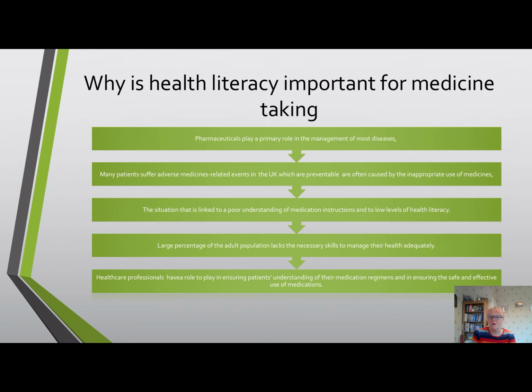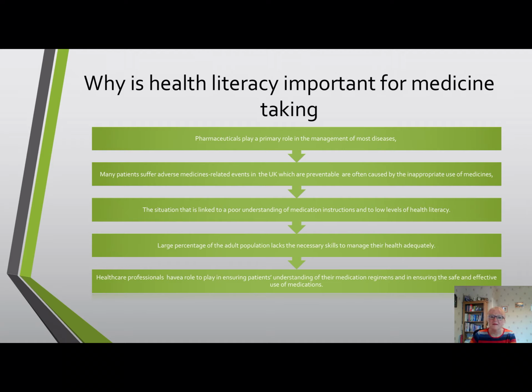So why is health literacy important in medicine taking? Well, we know medicines are widely used for many conditions, not only to relieve the symptoms and cure the condition, but actually to prevent ill health in the future. However, we do know that research consistently shows that approximately 50% of patients do not take their medicines as they are prescribed or how they are instructed to take their medicines.